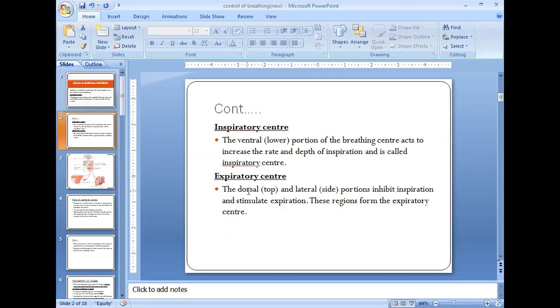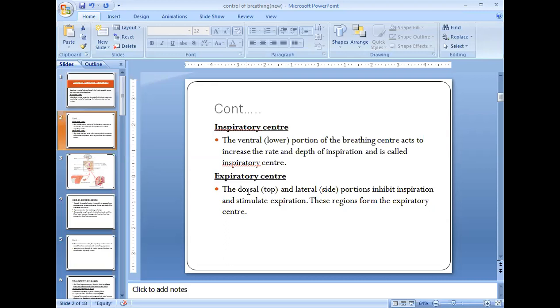Students, how do you memorize which one is the inspiratory and which one is the expiratory center? Normally we say the ventral side of the body is the inner side, and dorsal is the top side. Inner means the one which is lower in position, not inside. So, inner and inspiration.